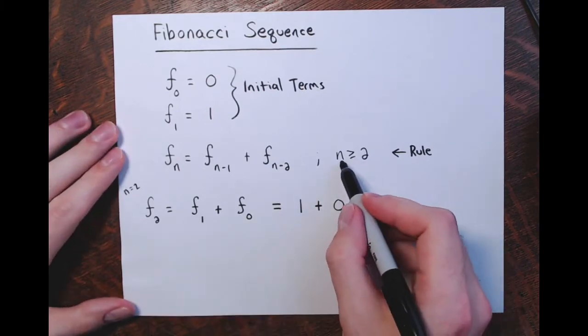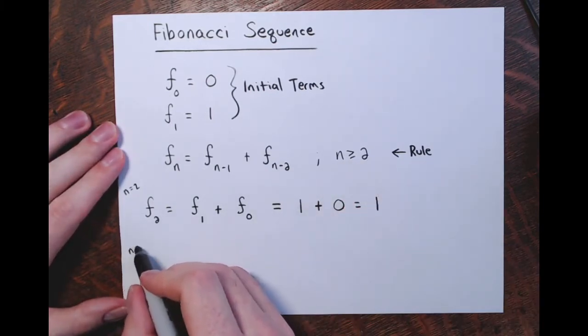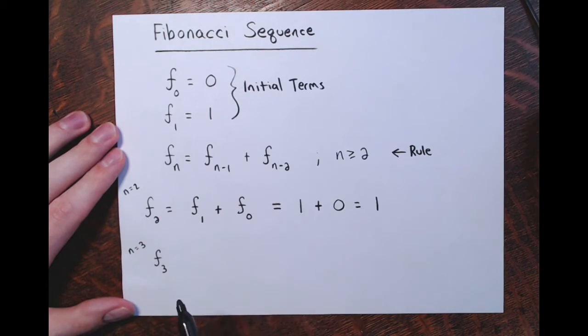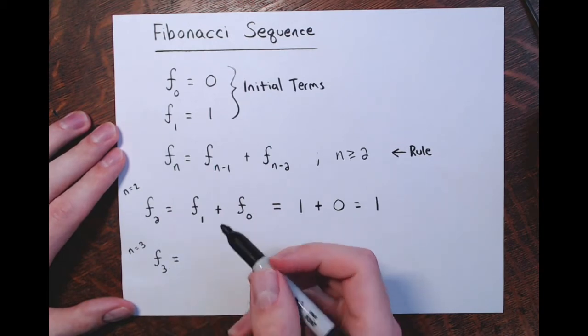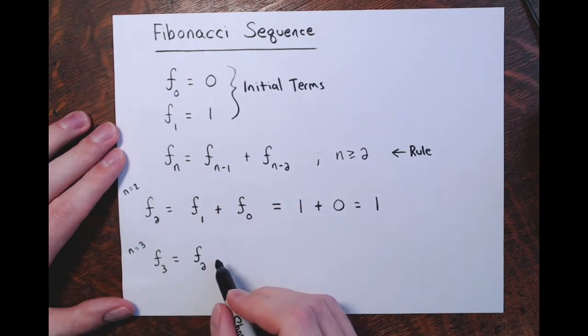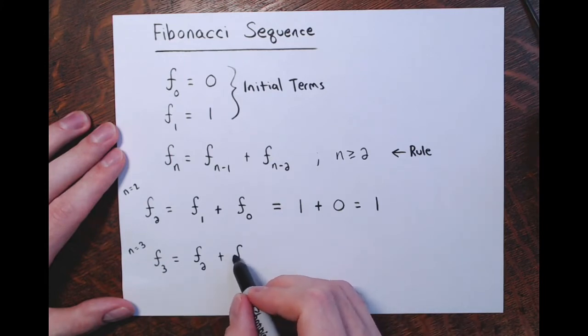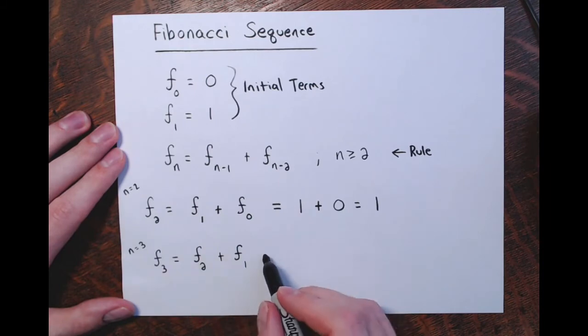And then I can do this for every value, every index 2 or greater. So for n equals 3, f3, just go through the rule and replace n with 3. So f sub 3 would be equal to f sub 3 minus 1, so f sub 2, which is the previous term, plus f sub 3 minus 2 is 1, which is the term before that.